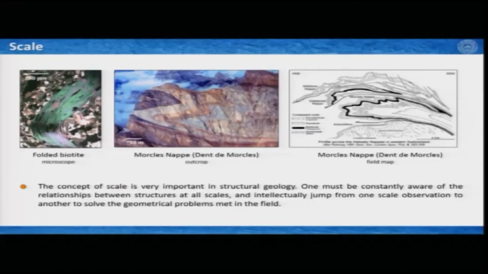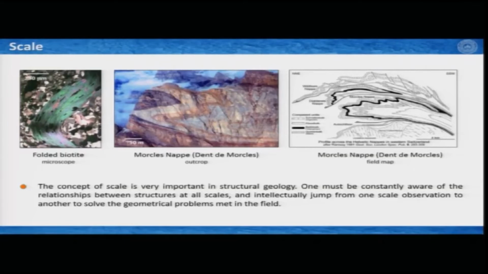So here is an example of what we understand by scale. What I try to convey with this slide, you have learned probably already that if a layer is horizontal or at any orientation, and if there is a layer parallel compression, and this layer is ductile enough, then it makes a curved feature which is known as a fold.